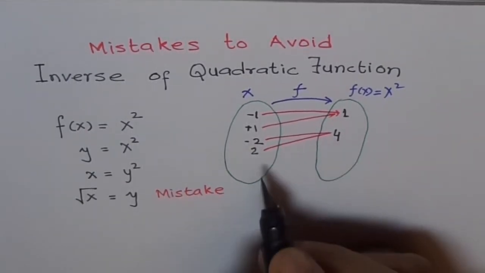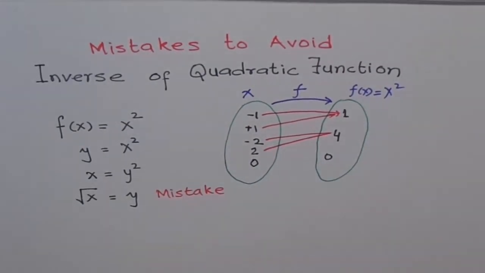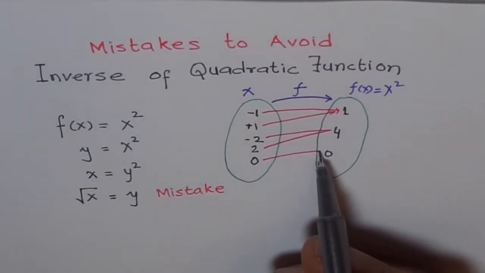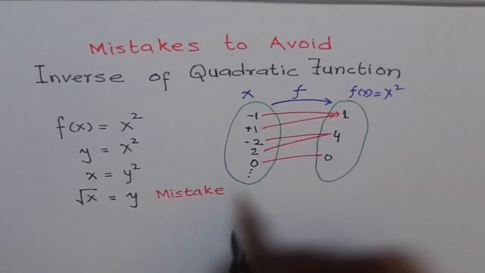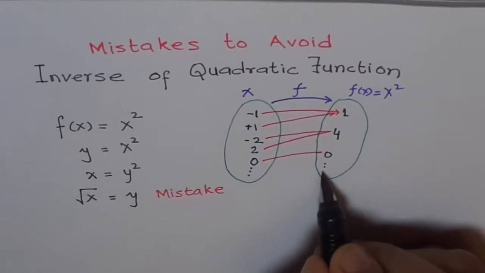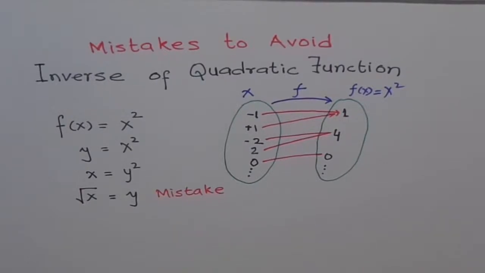Except for the number 0, which will give you just one value, 0, right? This process can continue for the set of all real numbers. If you do -3 and +3, you are going to get 9 for both of them, correct? So that is what your function is.